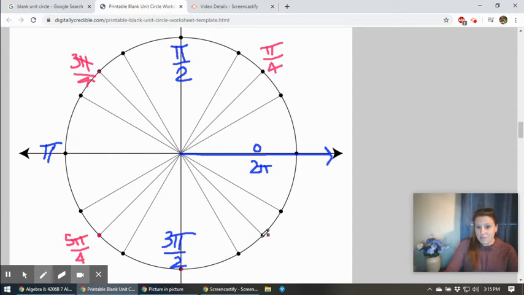And then this last one is going to be 7/4, so 7 pi over 4. Back up here would be 8/4, which is equivalent to 2 pi. So now we filled in all of these little halfway points between our main axes. So that leaves us to these last little bits.